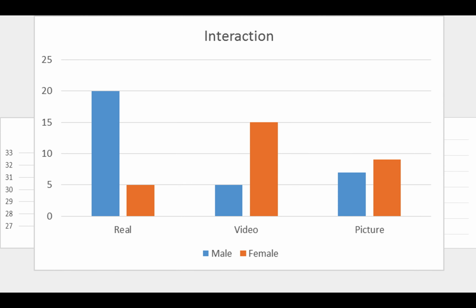Women have much more anxious reactions to the videos of spiders compared to men, whereas for the pictures of spiders, there's not much of a difference, right? Maybe women a little bit more than men, but that's probably not statistically significant. So that would be an interaction. Again, the amount of anxiety that someone has in response to spiders depends on their gender, as well as what type of spider exposure they're receiving.